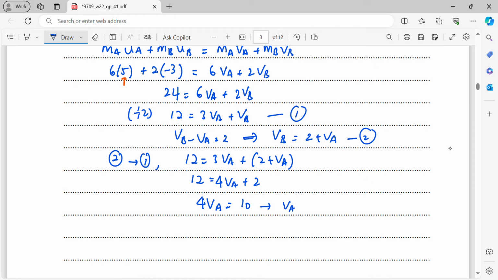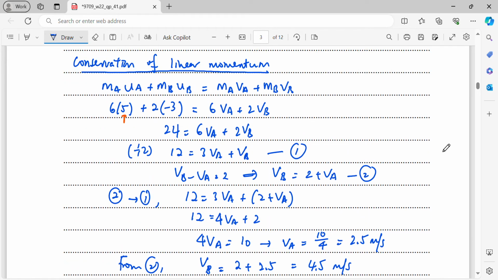Hence my vA is 10 over 4, that is 2.5. Then from the second equation, vB equals 2 plus vA, that is 2.5, therefore I get 4.5. So that is vA and vB.